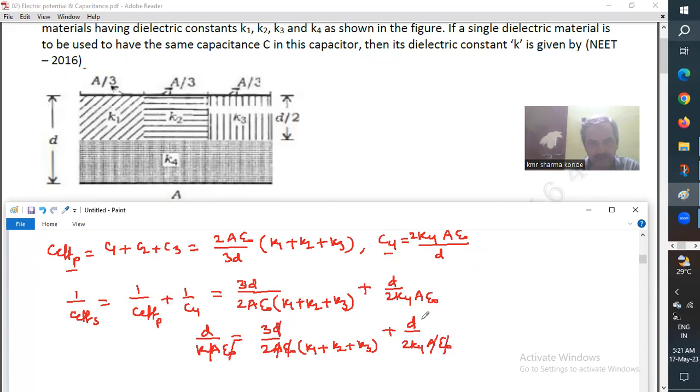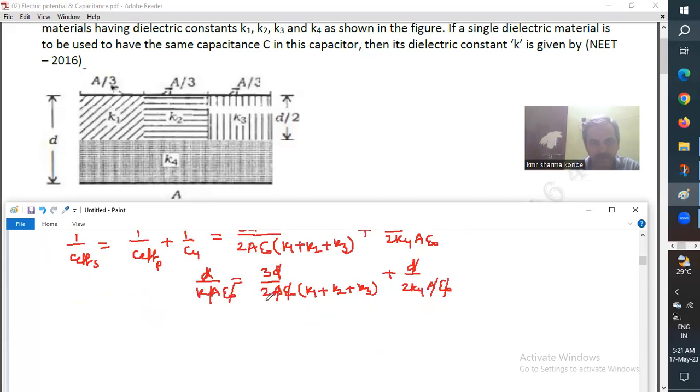And D get cancelled. So therefore, you can take here 2 common and you can take this up. So therefore, 2 by K is equal to 3 by K1 plus K2 plus K3 plus, this is going to be 1 by K4.